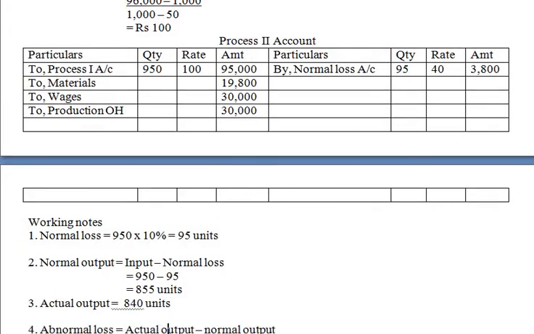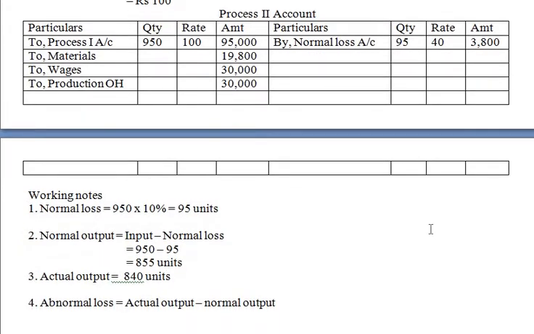Now find out whether there is abnormal loss or abnormal gain. So actual output minus normal output. Actual output is 840 units minus normal output is 855 units, right?